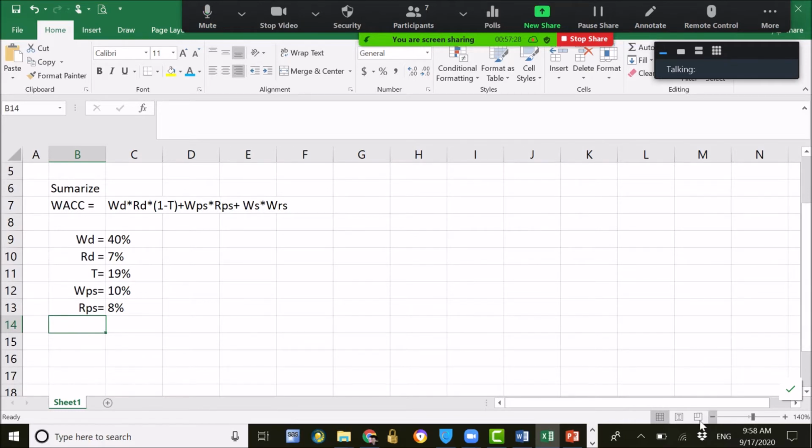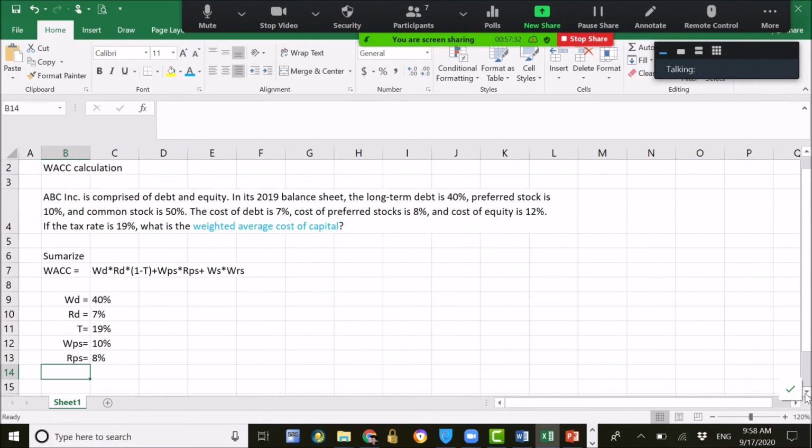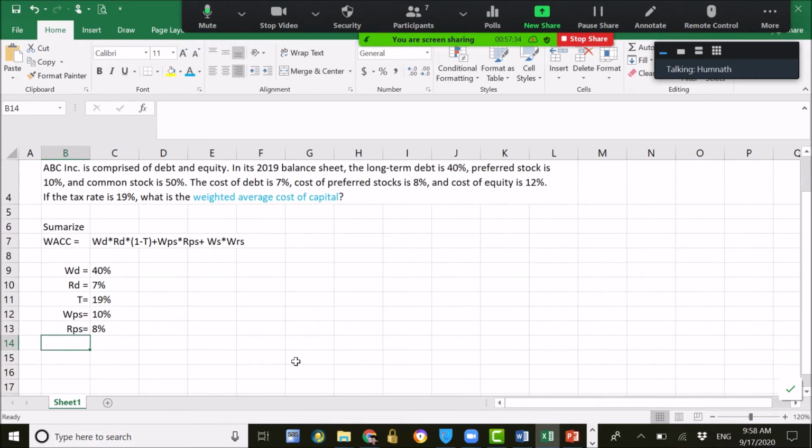Let me put a little bit smaller font so that we can see. All right, so WS equals how much? 50%. And finally, RS equals how much? Thank you, 12%. All right.